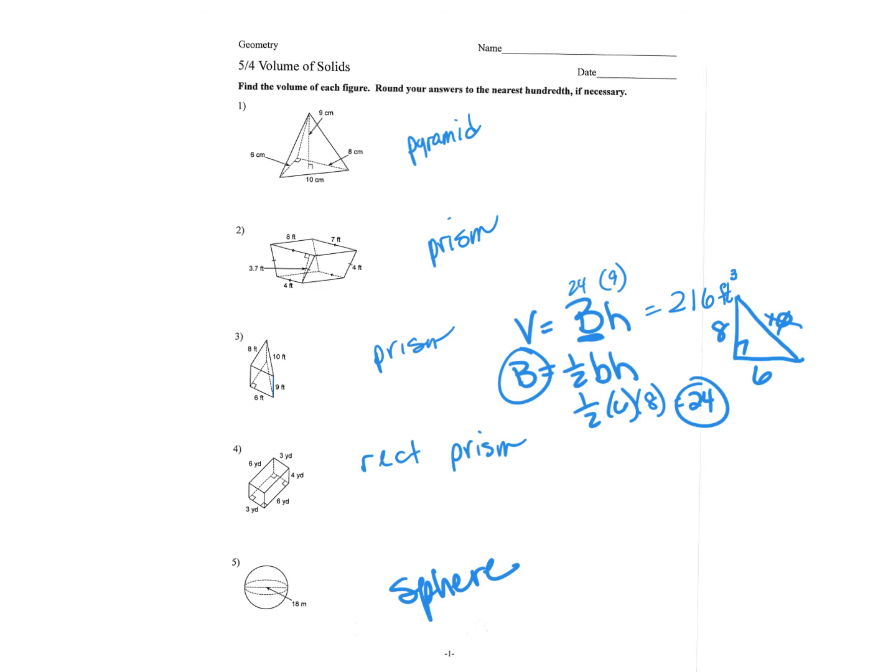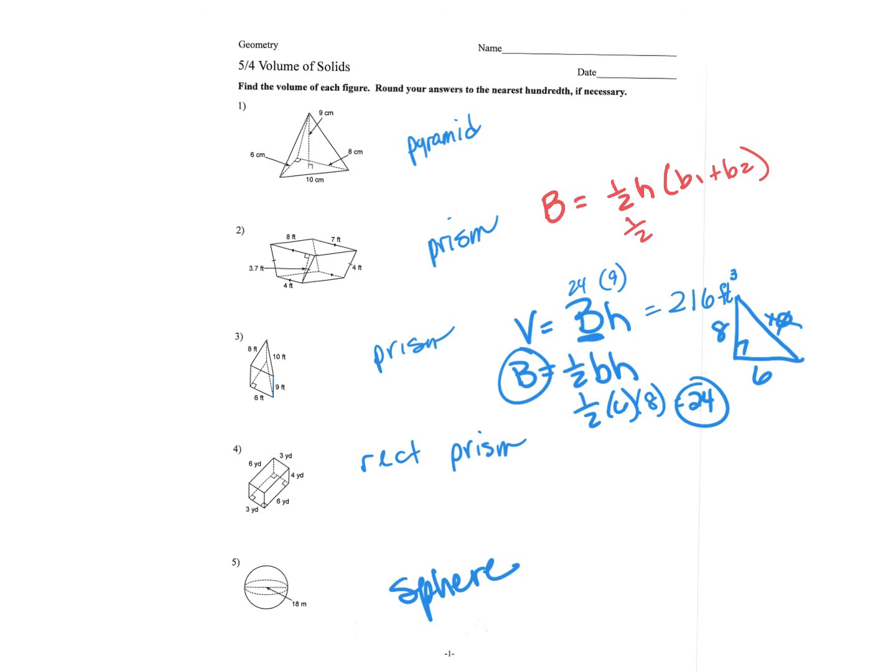In number 2, the base is going to be a trapezoid, okay? So big B on number 2, I'm going to change it to red, so big B on number 2 is going to be 1/2 the height of the trapezoid times base 1 plus base 2. And I'm going to fill in the numbers, 1/2.